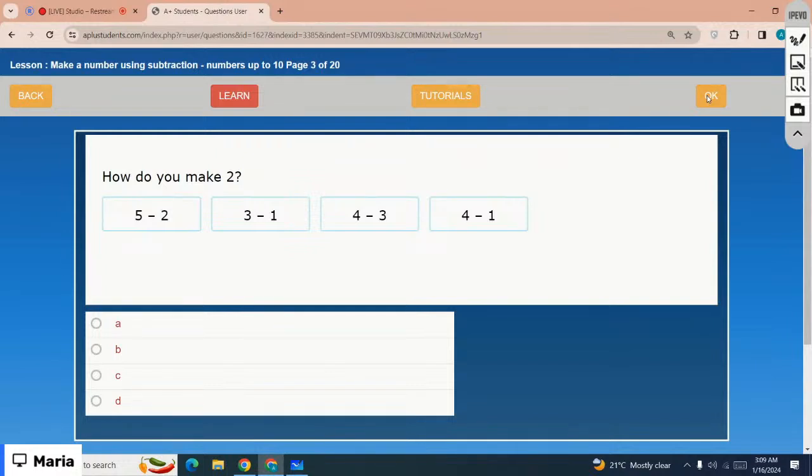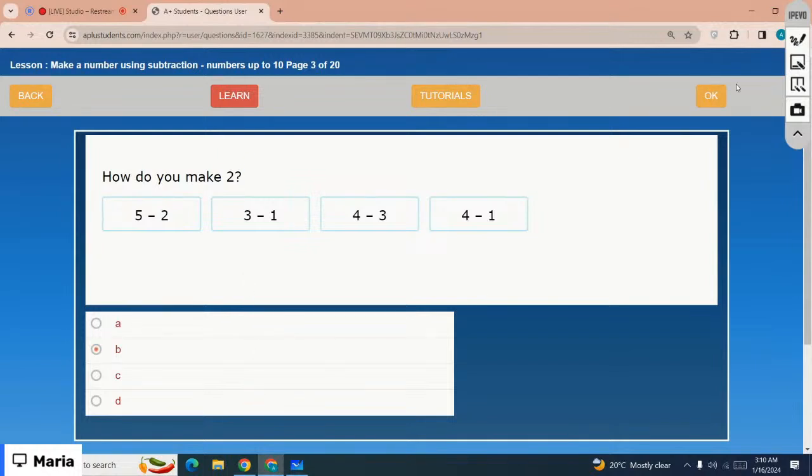Okay, how do you make 2? Which is the correct option? The correct option is 3 minus 1, option number B, that makes 2.